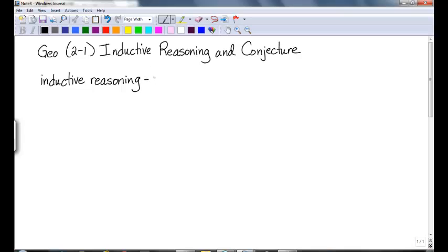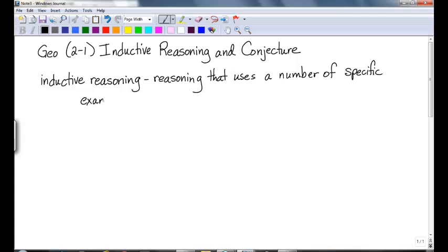That is reasoning that uses a number of specific examples to arrive at a conclusion.